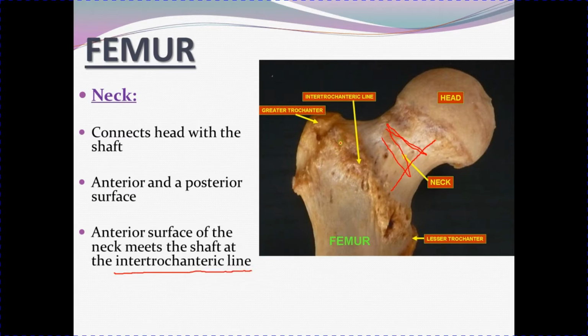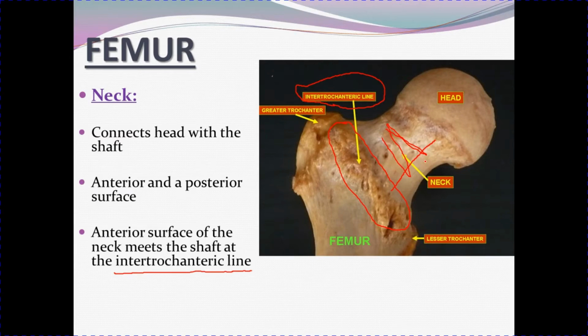It is an elevated ridge of bone which is limiting the neck. You can clearly see this elevated line in the figure. Inter means between, trochanteric means the two trochanters, greater trochanter and lesser trochanter.